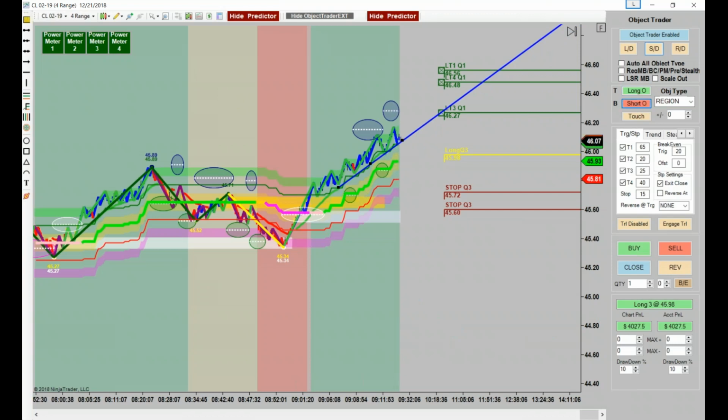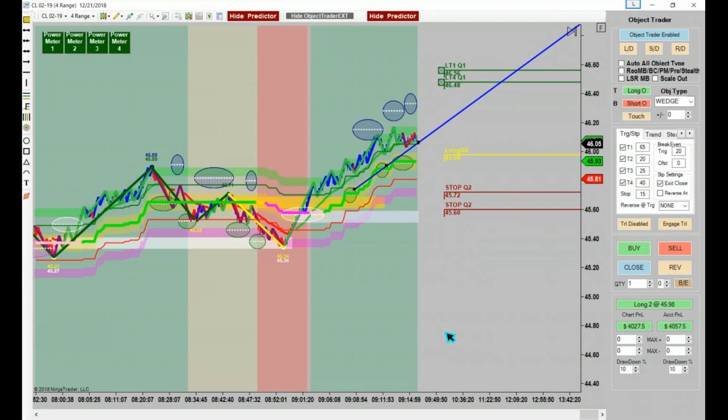I'm going to go ahead and take 1 off if it touches 2 ticks below that trend line. You could do that. Oh, I've got a region instead of a trend line. Sorry about that. We'll redraw it. Just in case, we'll take 1 off. It already did. All right.